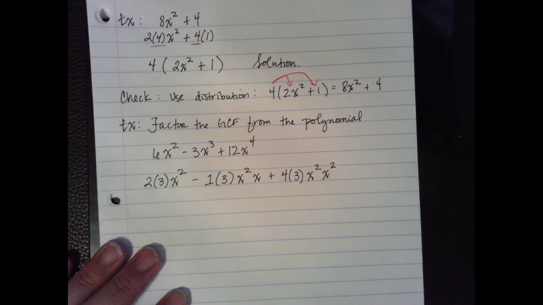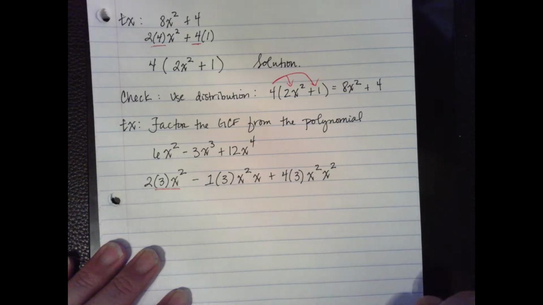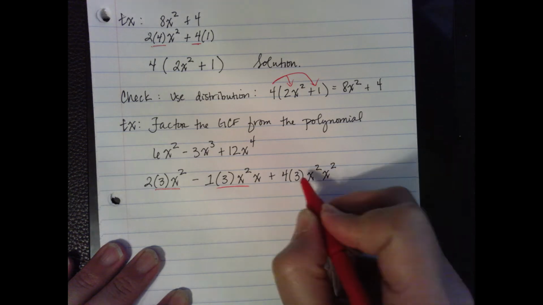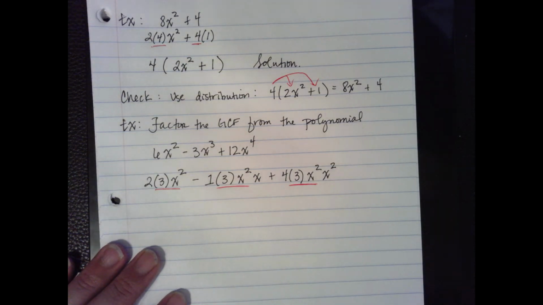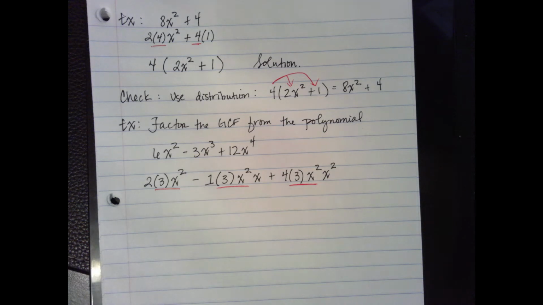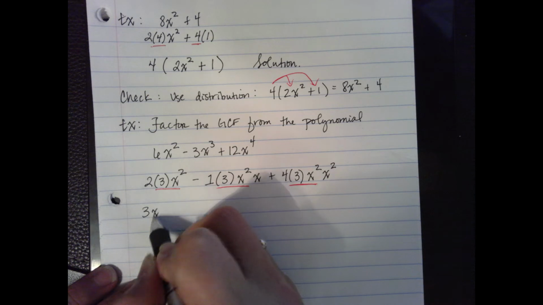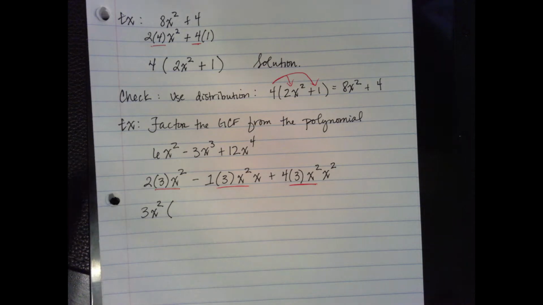Now that I have this written out, here I have 3x squared in my first term, I have 3x squared in my second term, and I have 3x squared in my third term. And remember, to factor this out, I'm pulling it out front of a set of parentheses, and inside the parentheses is everything else that's left over.